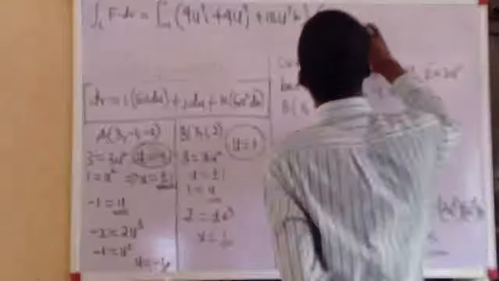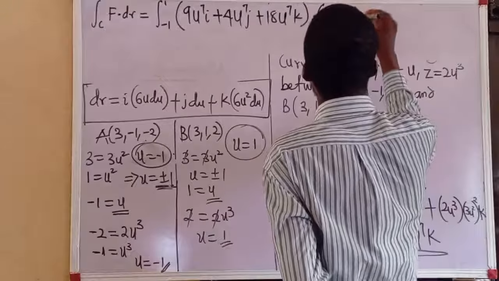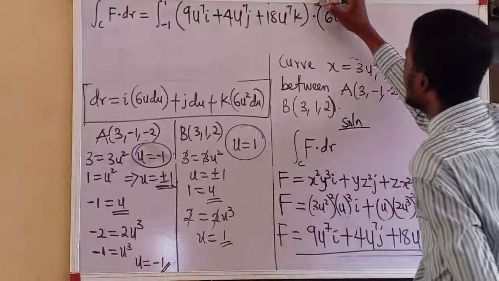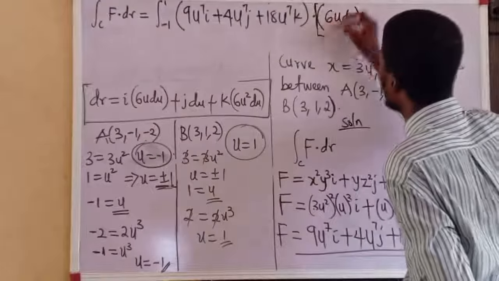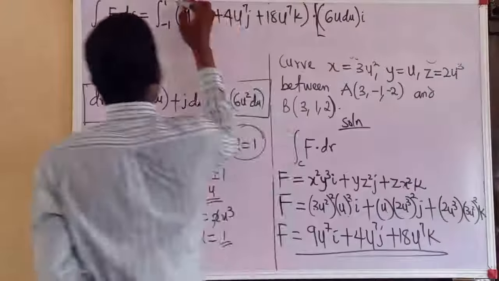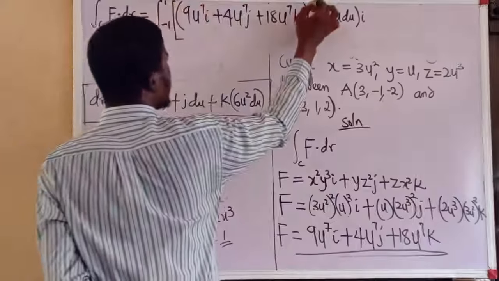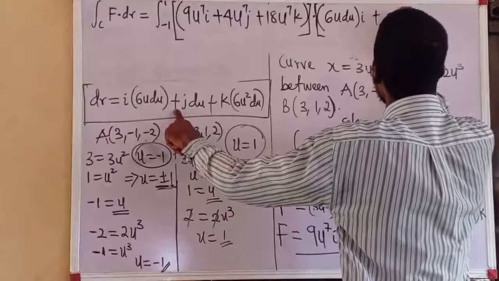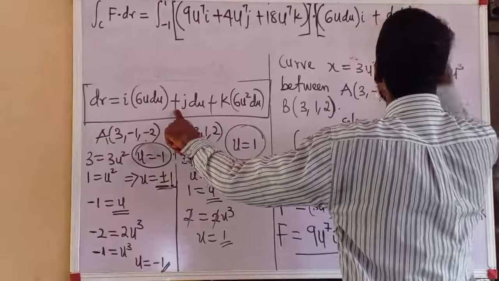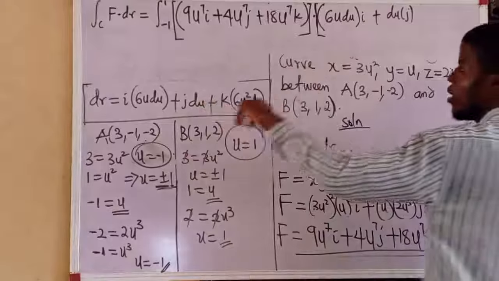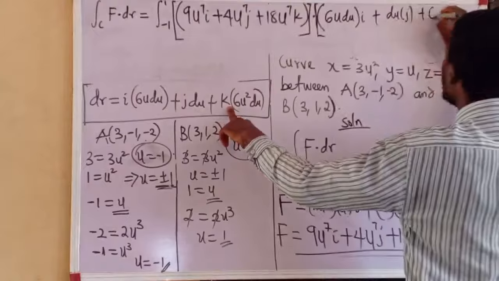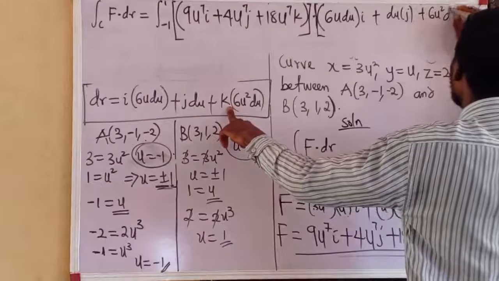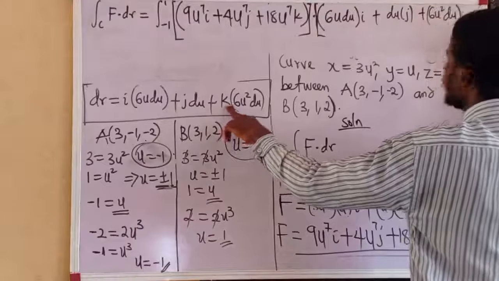Let me say 6u du into i. Let me put it in a bigger bracket. Plus du into j. I hope you get what I'm doing. They are the same thing. And this is plus 6u squared du into k.